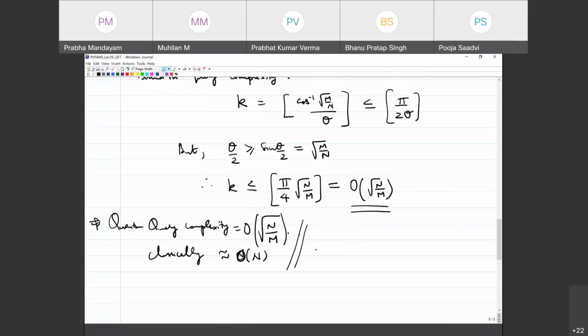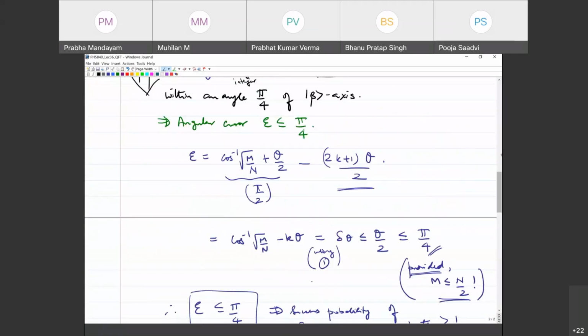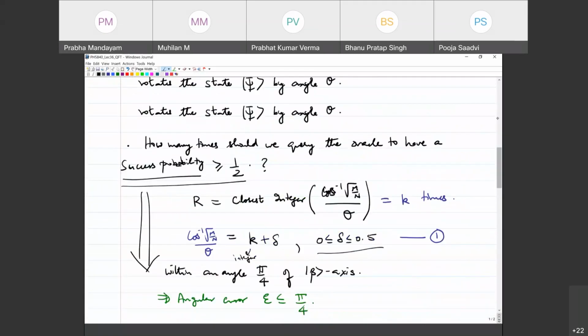Questions? All clear? Fine. Then I mentioned how you can fix this issue of m being less than or equal to n by 2, by augmenting the database. If m is greater than or equal to n by 2, then you're starting much closer to the solution state. In that case, with successive rotations, you may actually cross it.